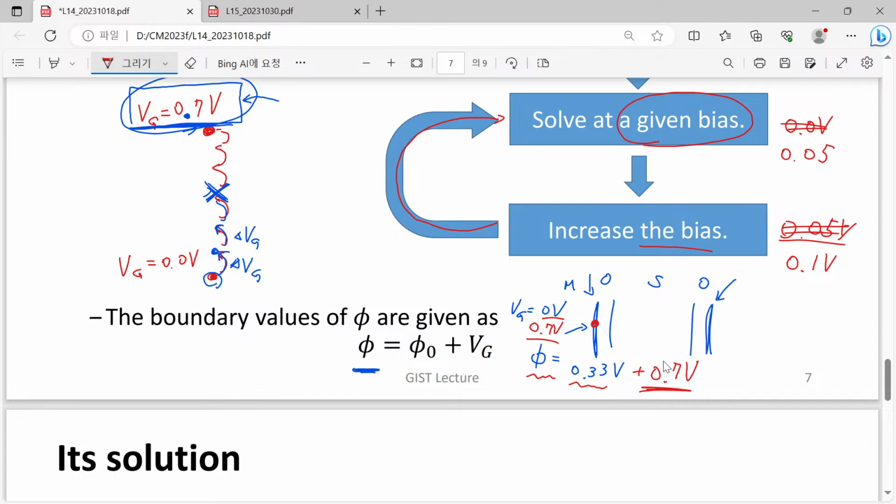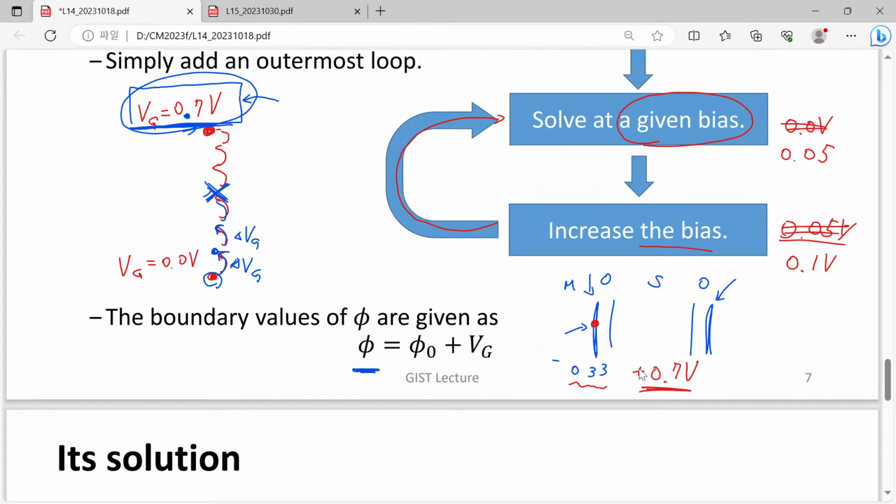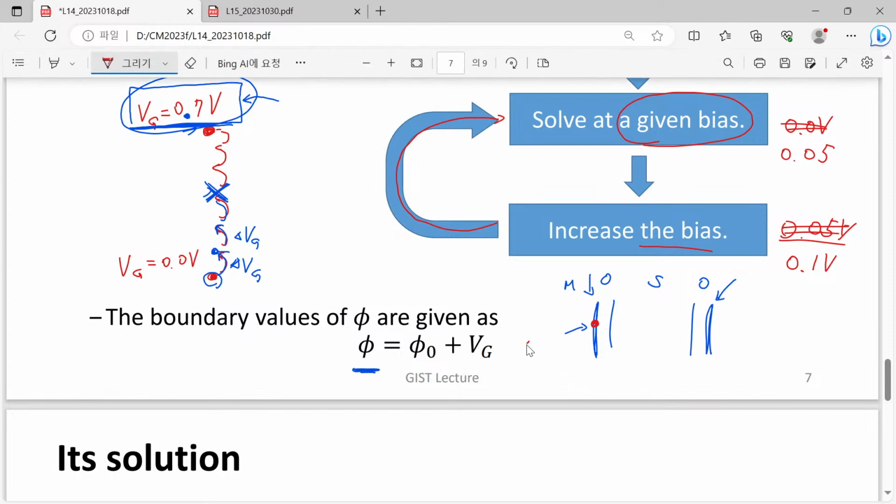Although that is not that probable, let's think about a simple example. Now we have two gate contacts. For this one, I have applied 0.5 volt and I have applied 0.1 volt to this right contact. Then what should be the value for your electrostatic potential?